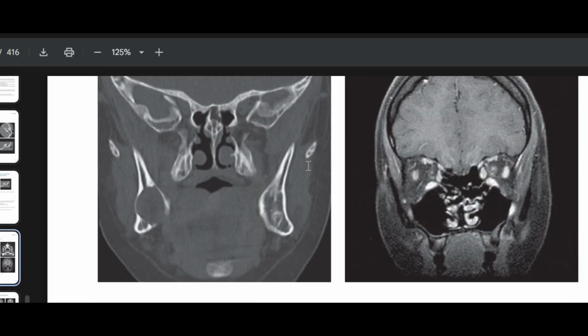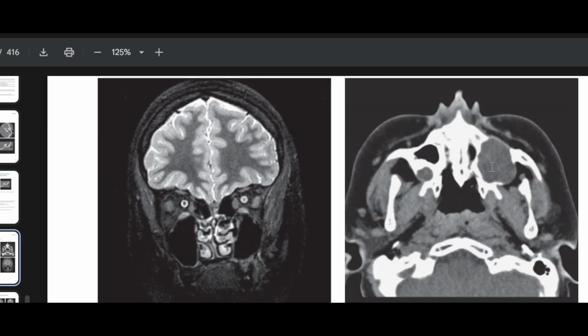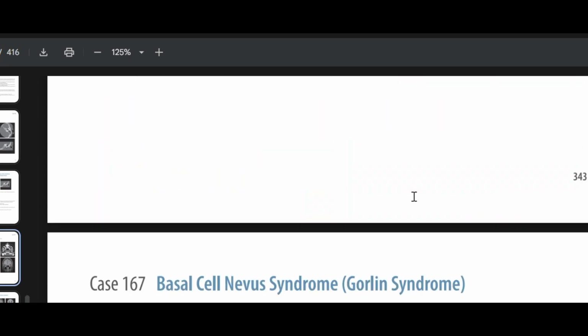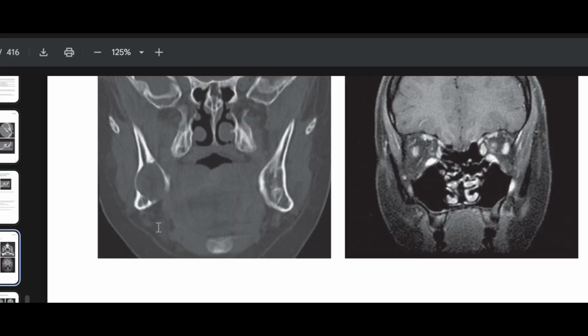These lesions are diagnosed by multiple cystic lesions with a smooth border seen in the mandible and the maxilla. Okay, so these are odontogenic keratocysts. Mandibular odontogenic keratocysts.